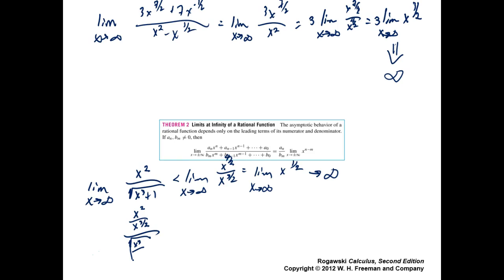I said this thing is greater than x to the 3/2 power, not by much, by an infinitesimal amount. And in the long run, as x is larger and larger, that's approaching the same thing. And this is, the square root is to the 1/2 power, and this is x cubed to the 1/2 power. So x to the 3/2 power. And so they're doing the same thing.